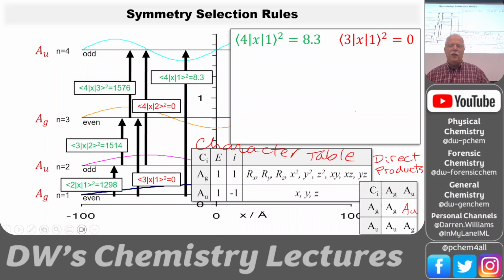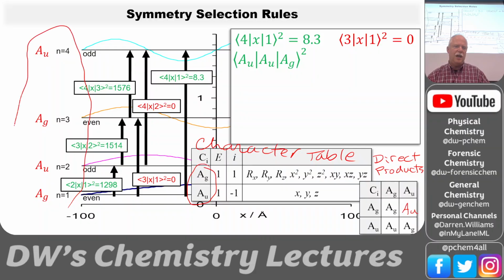So what we do is we take our transition dipole moment integral and put in these Mulliken notations. You see these right here associated with n equals 1, 2, 3, 4, and 5. So we've assigned these symmetries to the individual wave functions and put them into the transition dipole moment integral.